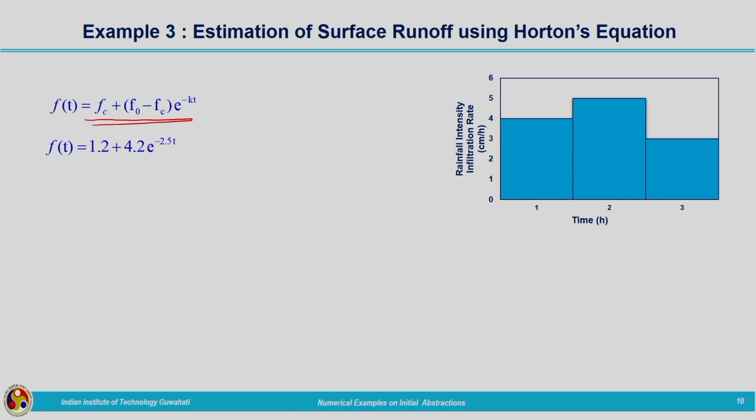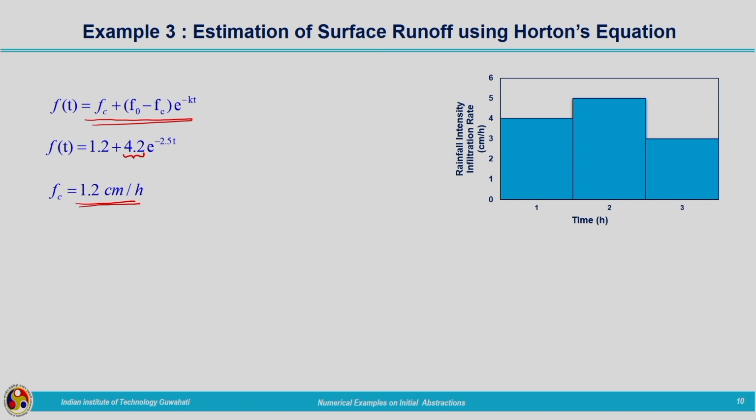So, here we can take f c, that is the constant rate of infiltration, equal to 1.2. After comparing these two equations, we can understand that f c is 1.2 centimeters per hour. Now, this 4.2 is representing the value corresponding to f naught minus f c. f naught minus f c is 4.2, f c is 1.2.